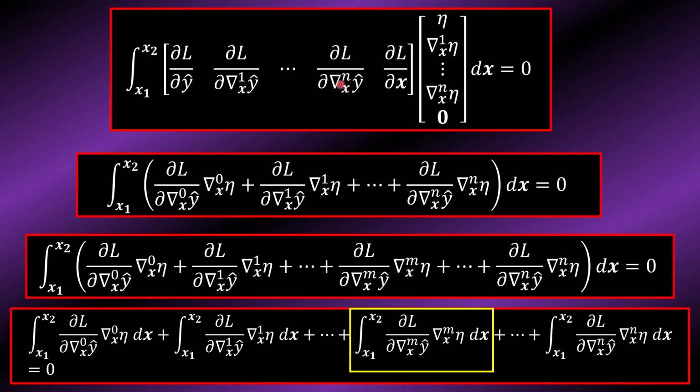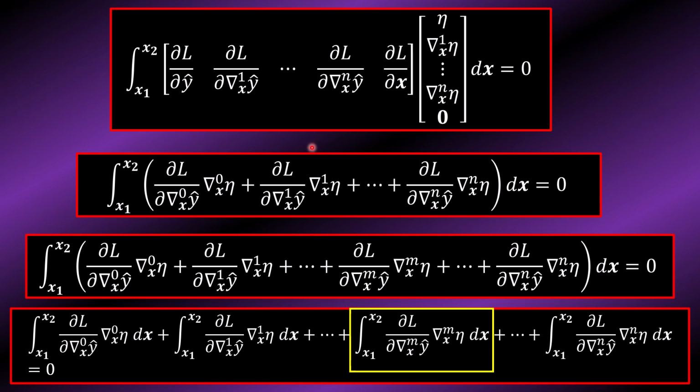In this case you're taking the nth derivative with respect to all the x's of y hat. And over here, just taking the derivative of L with respect to the x vector. And over here, you're doing the same kind of gradient thing, except it's with respect to eta, which is the direction of our axis in infinite dimensional space.